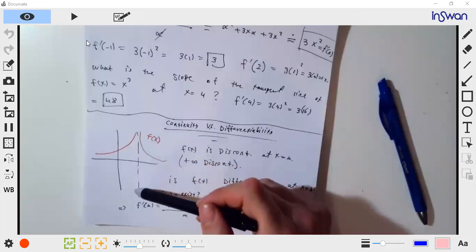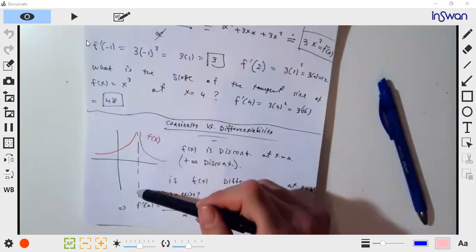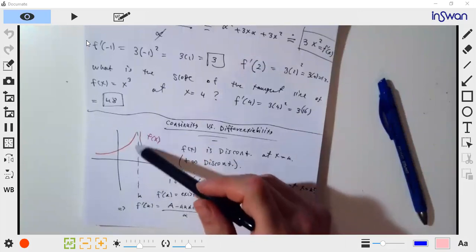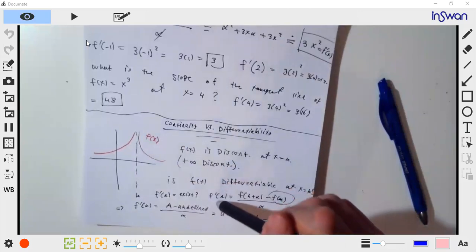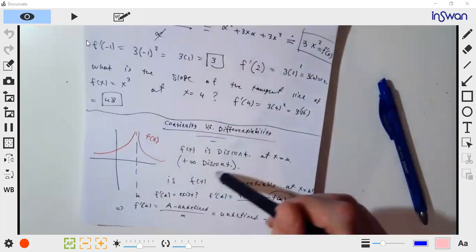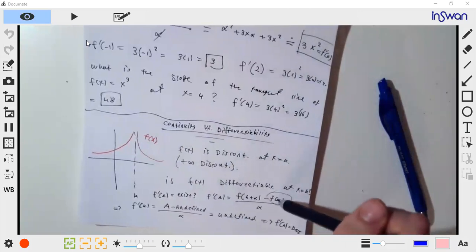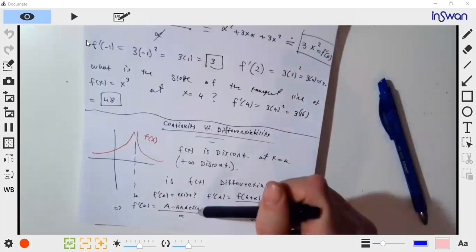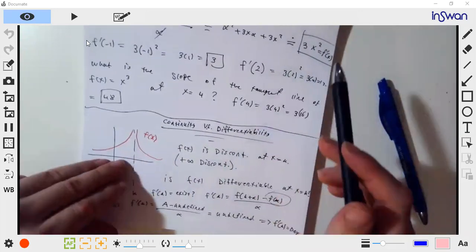So could we conjecture that discontinuity at some point implies non-differentiability? It seems like that is so based off of the definition of the derivative of the function at k, because whenever you utilize the derivative definition, this component is undefined. So we can't compute this algebraic expression with an undefined quantity. So the derivative doesn't exist.